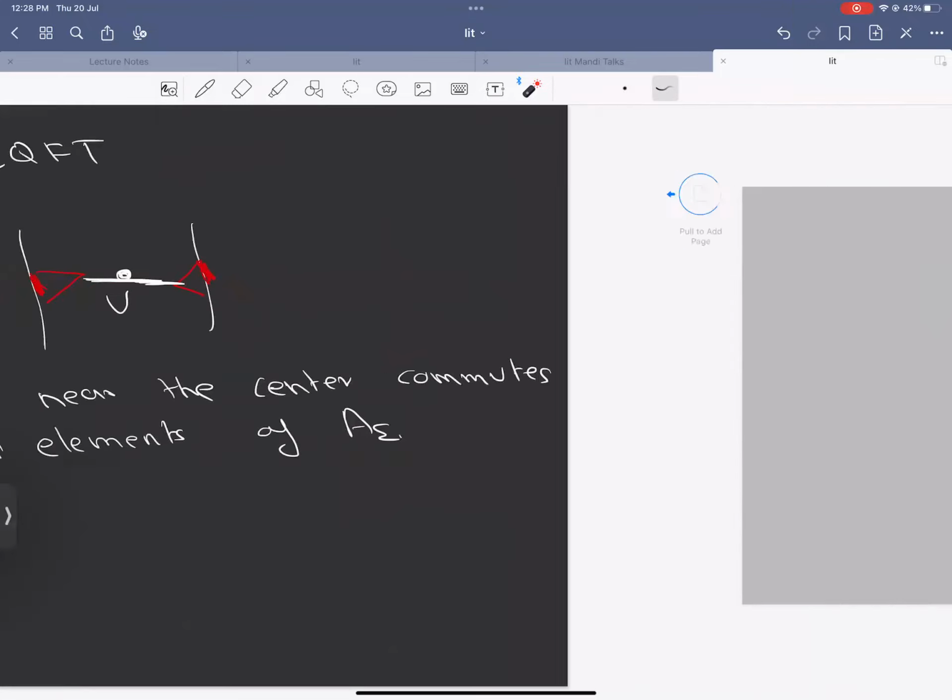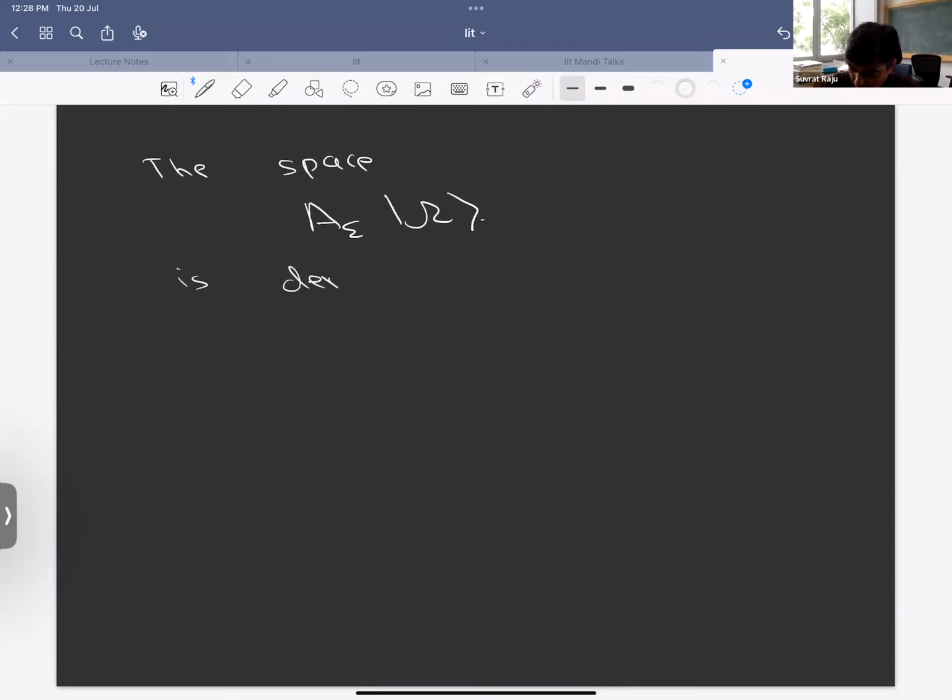Okay, good. So now I want to explain. I want to make the first non-trivial statement, and this is also true in a local quantum field theory. If you think of the space obtained by acting with A epsilon on omega, it is dense in the full Hilbert space.